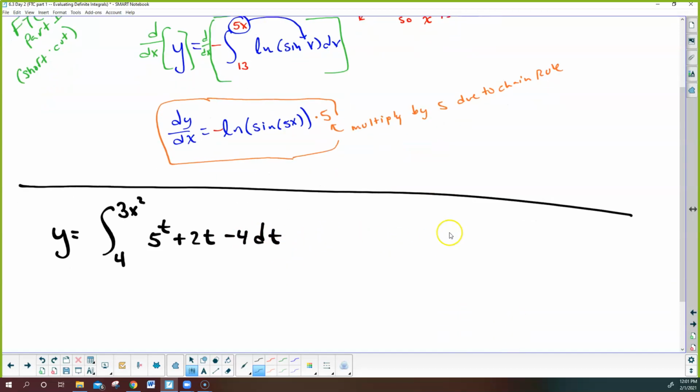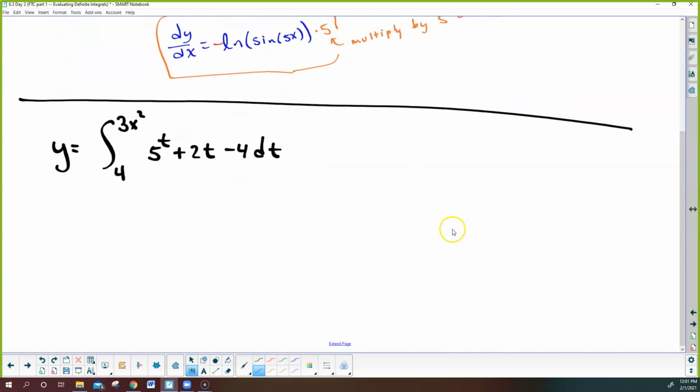Okay, so I give you that integral and ask you to find y prime. Or I could say find dy dx.